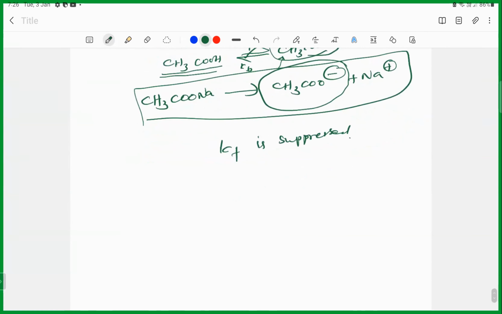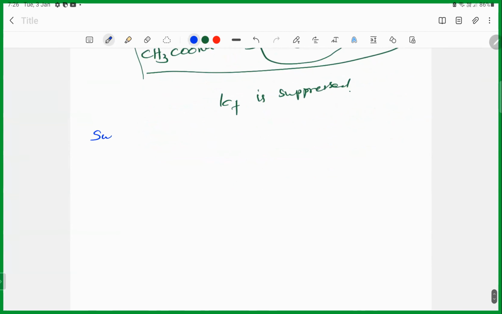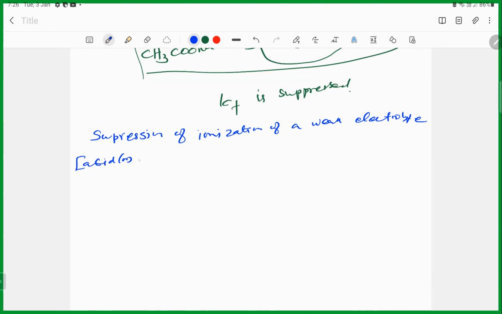Otherwise we can say: suppression of ionization of a weak electrolyte, which may be an acid or a base, by adding one of its own ions, is known as the common ion effect.